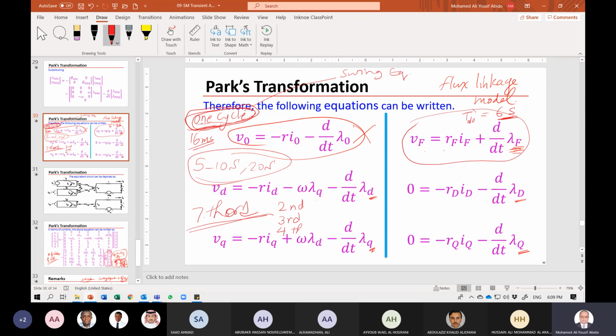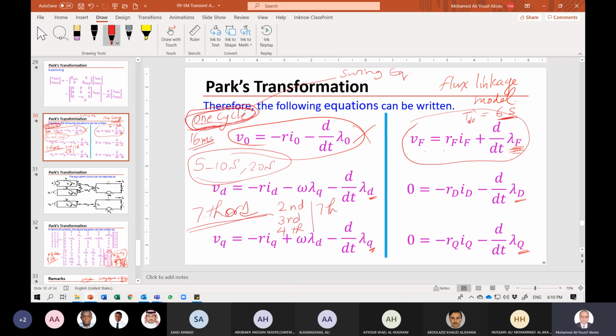We can have fourth order, and we can have 7th order if you need more detailed analysis. It is some kind of approximation, Ayub. If you have a very short time after the disturbance, then you can neglect all and have only the swing equation.